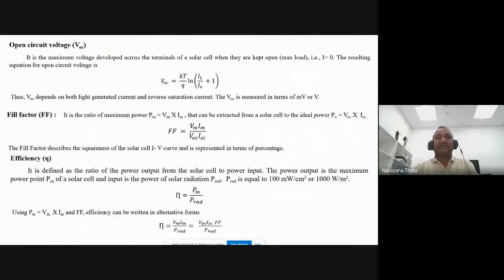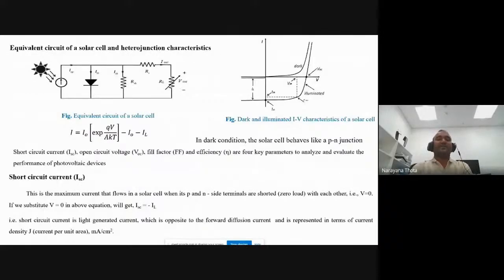There are important parameters that we have to consider while specifying any solar cell. First, short circuit current, open circuit voltage, fill factor, and efficiency. Not only efficiency, we have to see its fill factor, its short circuit current, and open circuit voltage. These are the four parameters that we have to take into account while evaluating the solar cell.